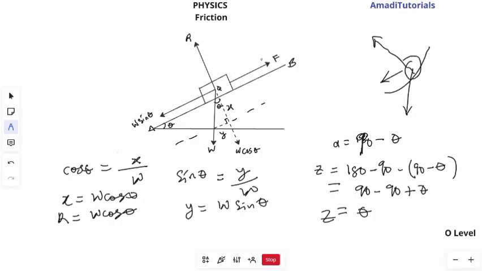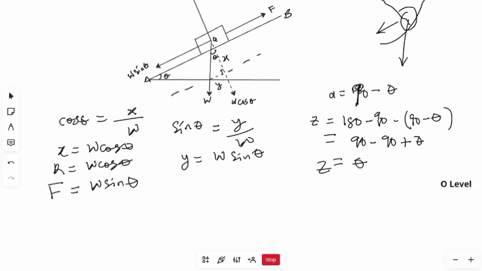So in that case, since it's in equilibrium, I can say that F equals W sine theta.